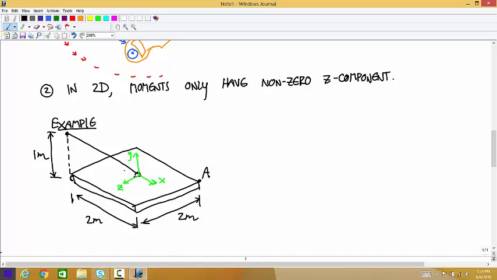So given that the tension in the cable is 10,000 newtons, we want to calculate the moment about A produced by the cable.